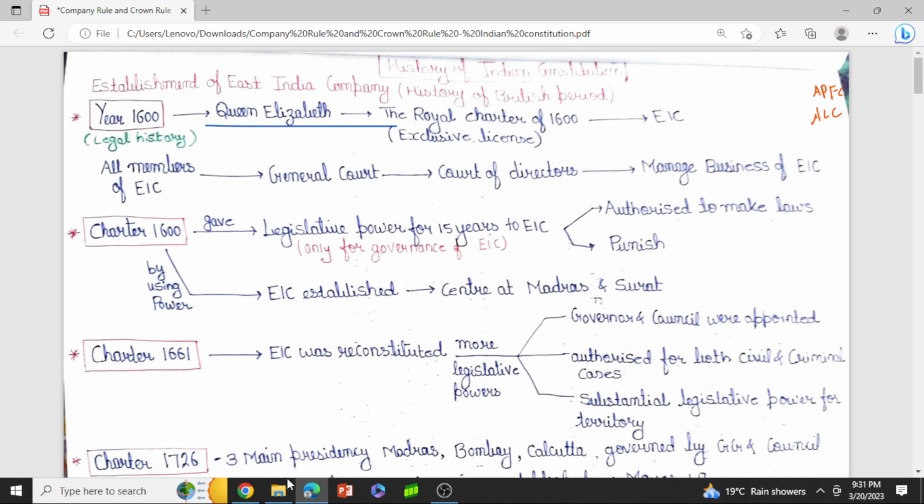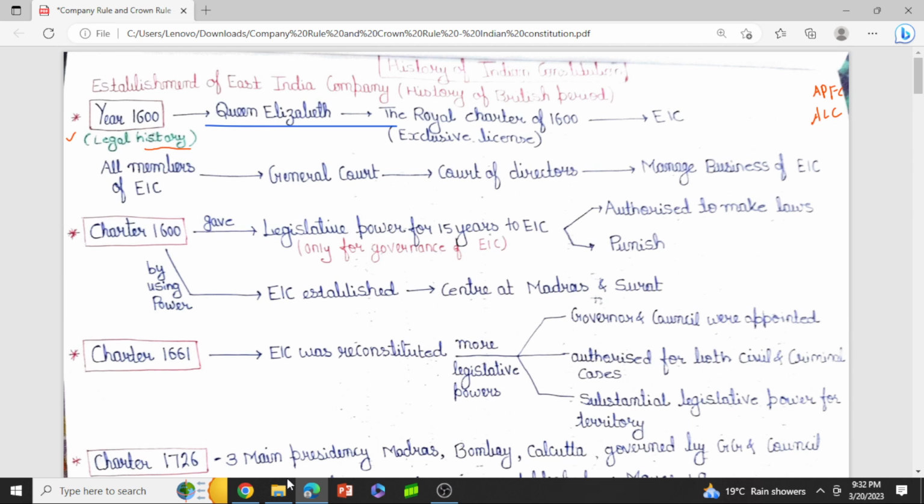So first, let's understand how East India Company came into India and how its establishment took place. It was the year 1600. This is the year which is considered to be the year from when legal history started.